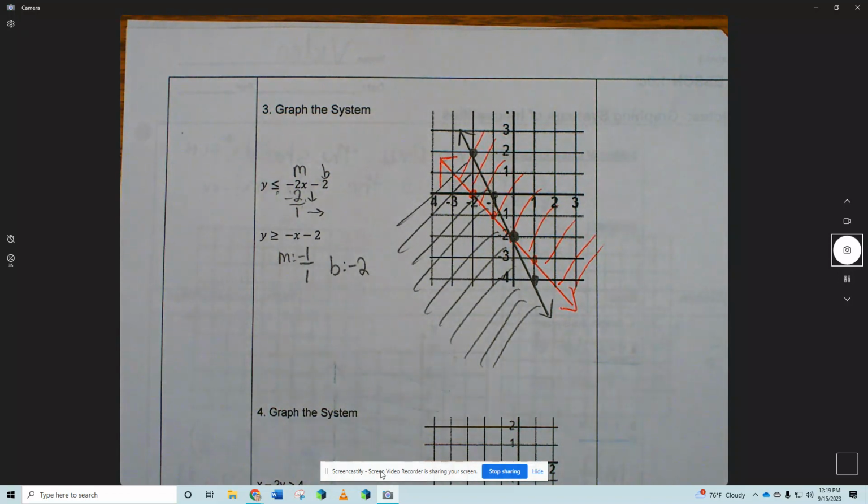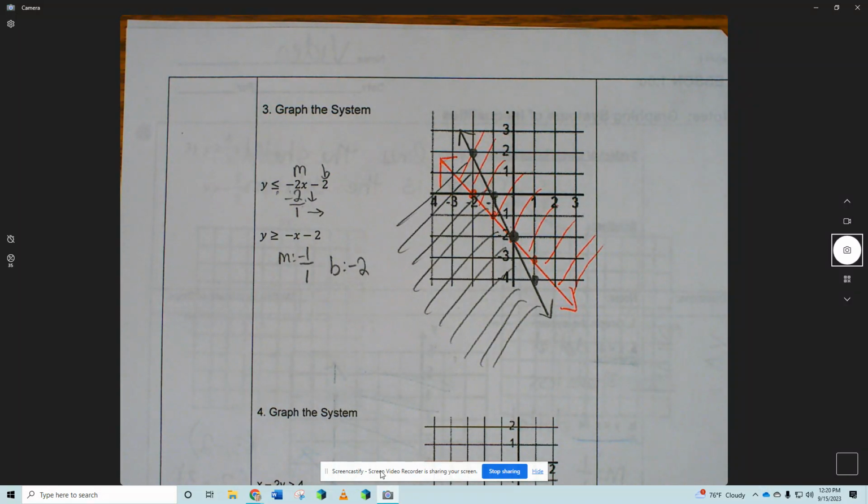Where did the pencil and the red overlap? Look on your paper. Guys, where does the shading overlap? It's like an area on the paper.